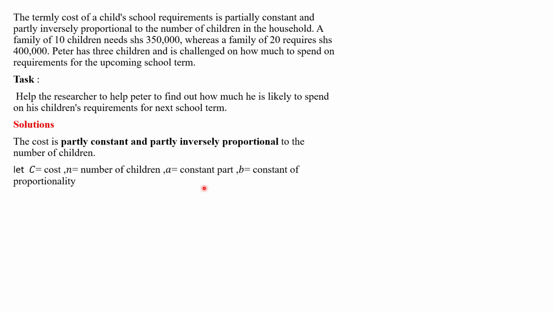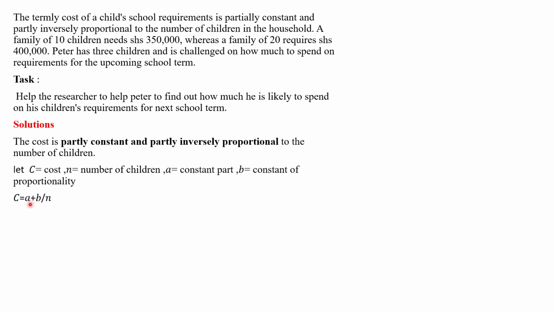When I say that A is inversely proportional to B, then you say A is proportional to 1 over B. It means that when we have equal signs, I'll have A is equal to K over B. So this is my step.